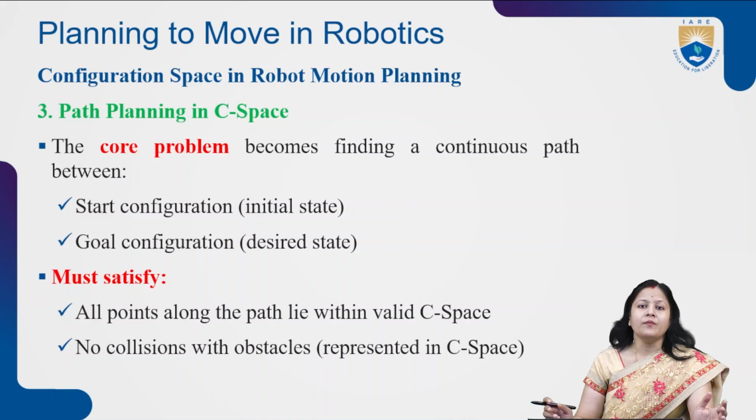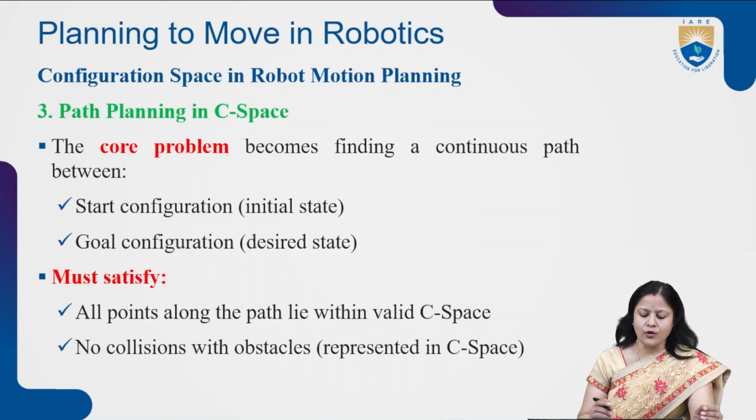So the core problem becomes finding a continuous path from the starting state to the ending state, which is called the goal configuration or the desired state. It must satisfy that all the points along the path lie within the valid C space, with no collision with obstacles represented in C space.